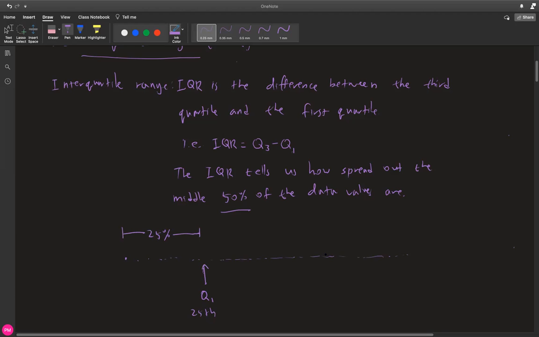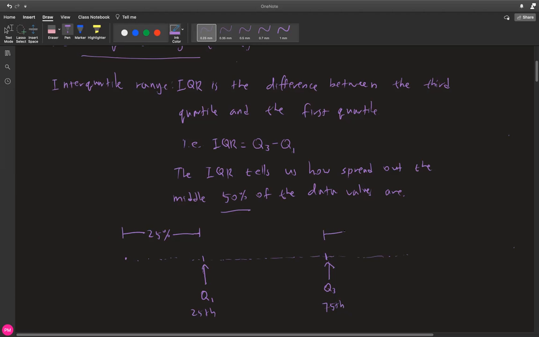And if you look at the third quartile, Q3, you know that this is the 75th percentile, meaning that the left-hand side of this Q3 is 75%.